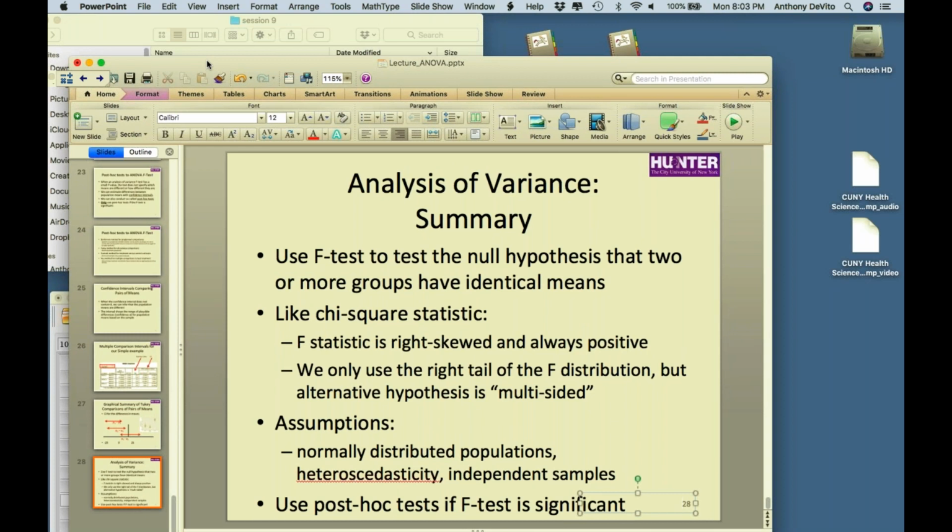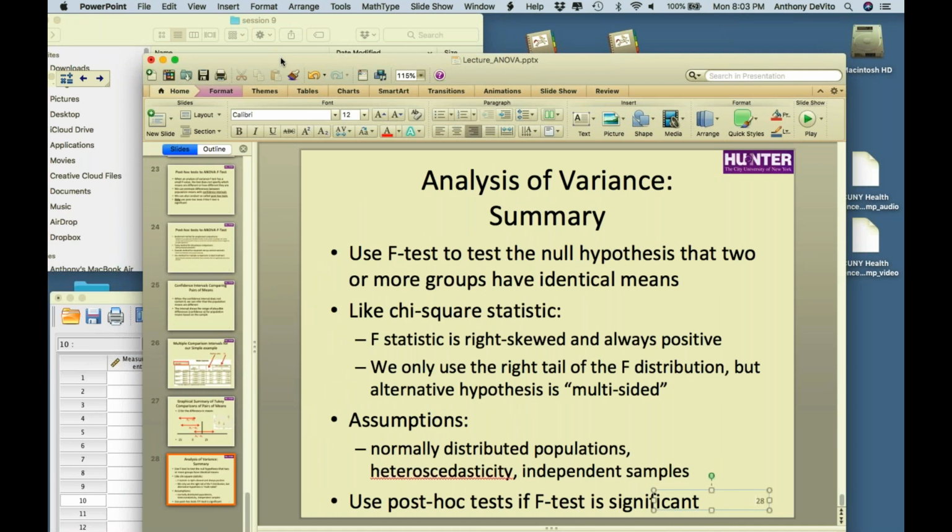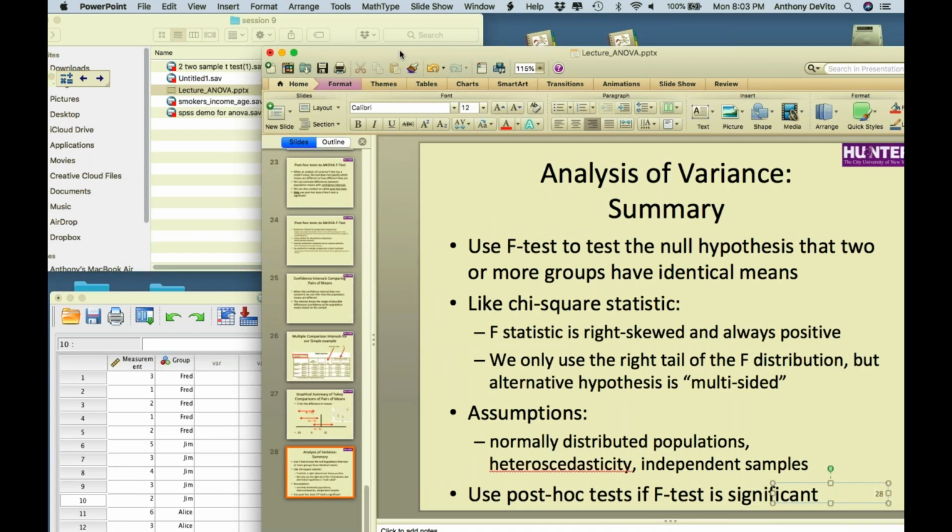I like doing examples and demonstrating analysis of variance because it's really such a simple, straightforward thing that it's easier to understand the lecture material after you see it done. So hopefully that helped a bit.